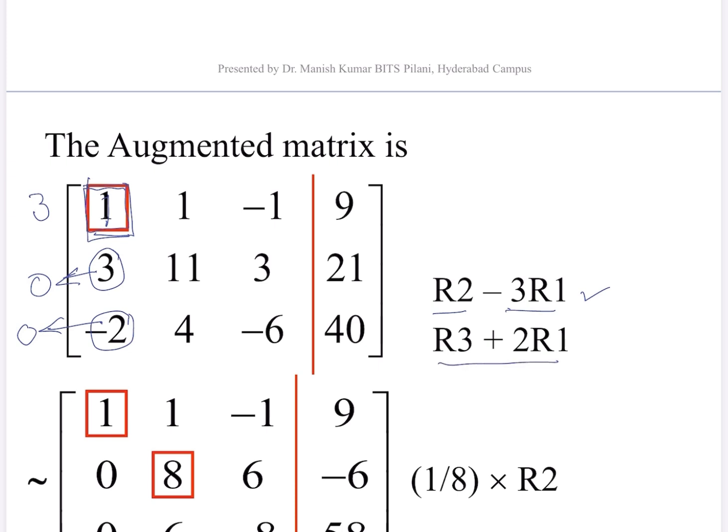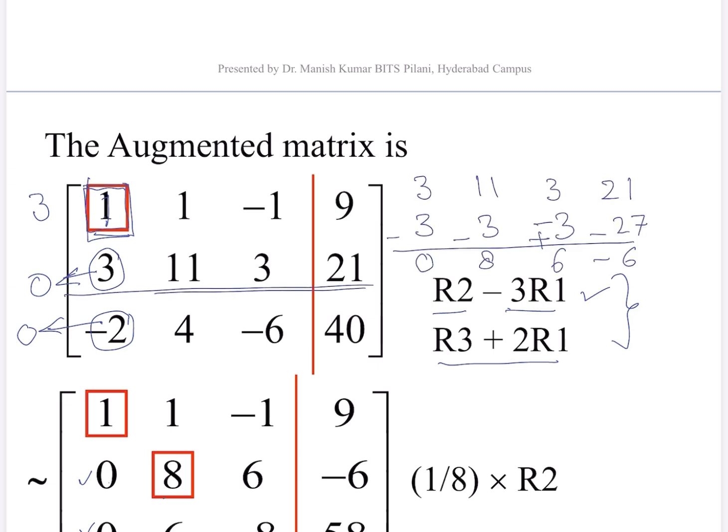So these 2 elementary operations we will write here, and always you need to mention the elementary operation whatever you are applying on the matrix. So the obtained matrix will become 1, and then remaining entries are 0, 0. And correspondingly you will also apply on the entire row, right? On the entire row you need to apply exactly this.